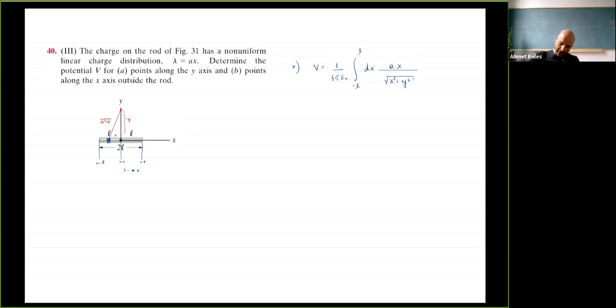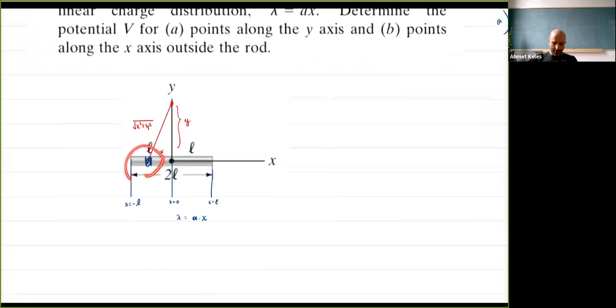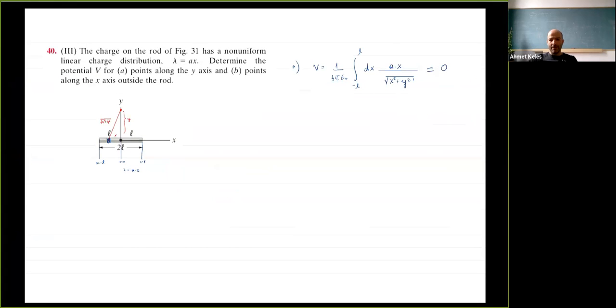Good. Yes, thank you. That's 0. I don't have to deal with this, because I look at it and I can see it's going to be 0. Actually, I could see that it was 0 from the beginning, because this is a negative charge and this is a positive charge. We know for every negative charge there's a positive charge, and potentials will add up to 0. But it doesn't hurt to write the integral and see it one more time.